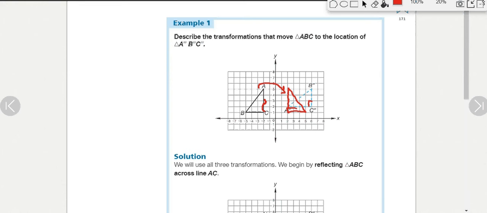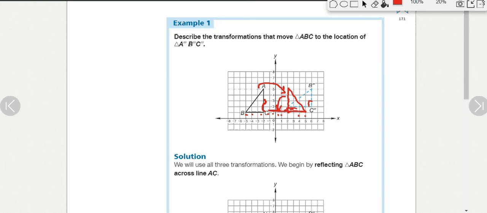Then they turned it. 1, 2, 3, 4, 5. Then they rotated it back this way, a positive rotation so that it was lying on its side.